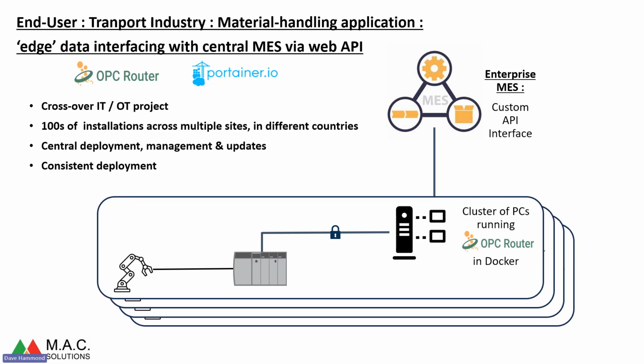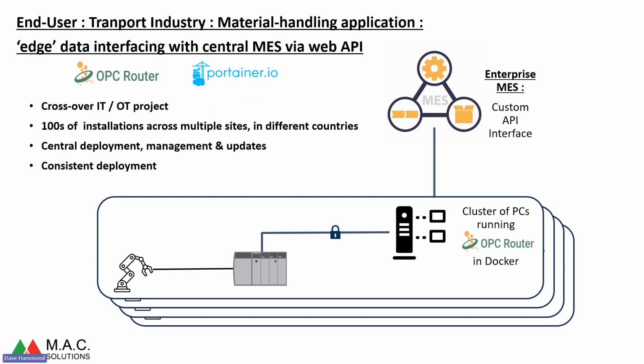The application is interfacing with a PLC, in this case a Siemens PLC running OPC UA. They're putting a small cluster of small PCs on the site, and that cluster gives them resilience on that site and no single point of failure.